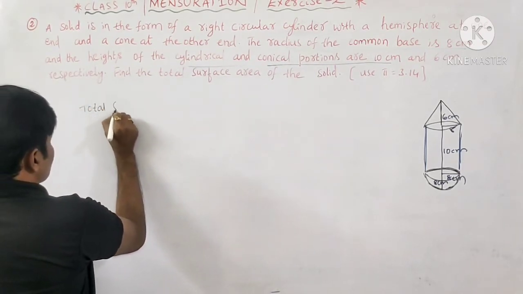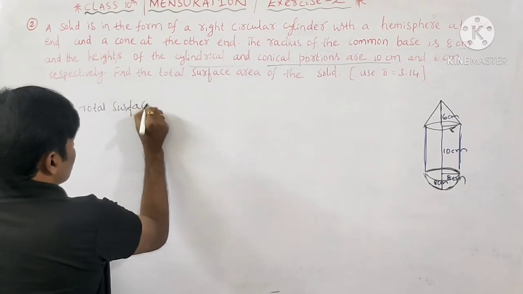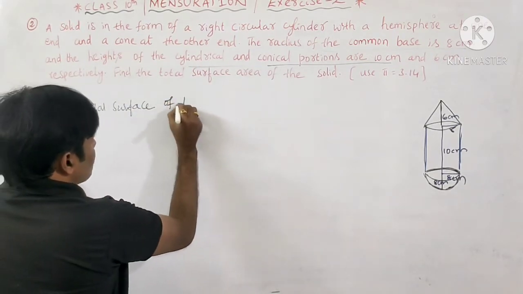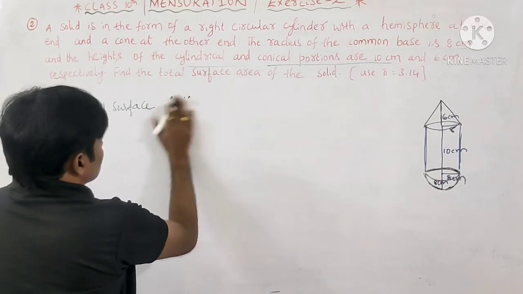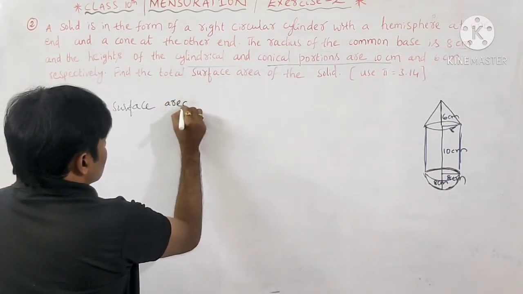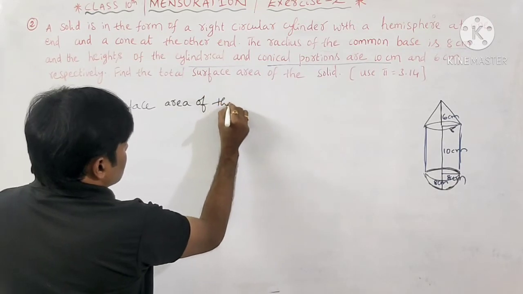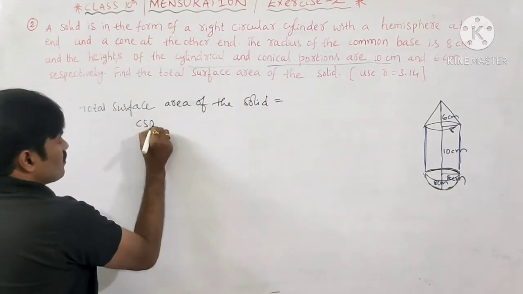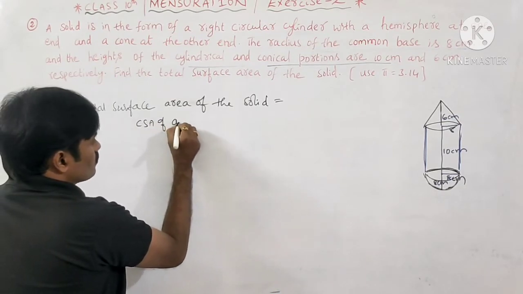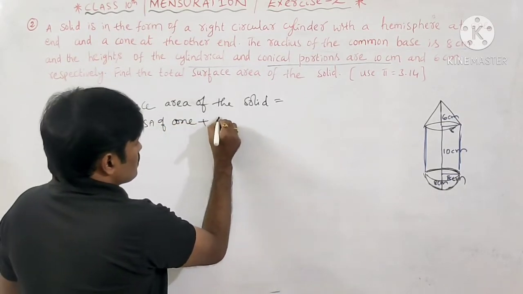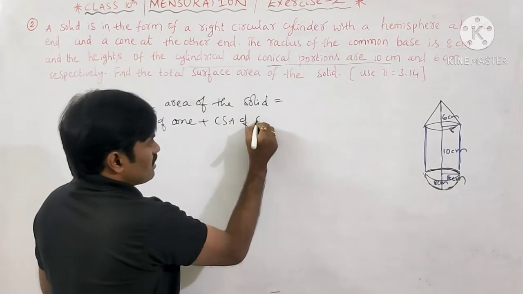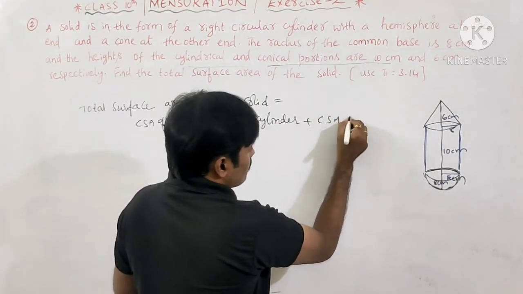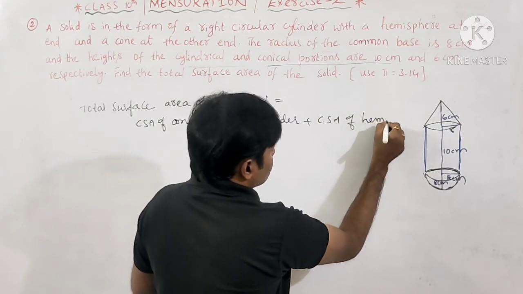Total surface area of the solid is equal to the curved surface area of a cone plus CSA of cylinder plus CSA of hemisphere.